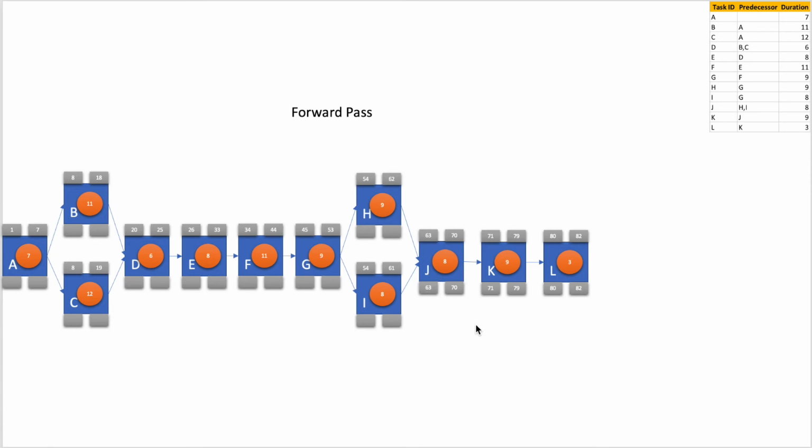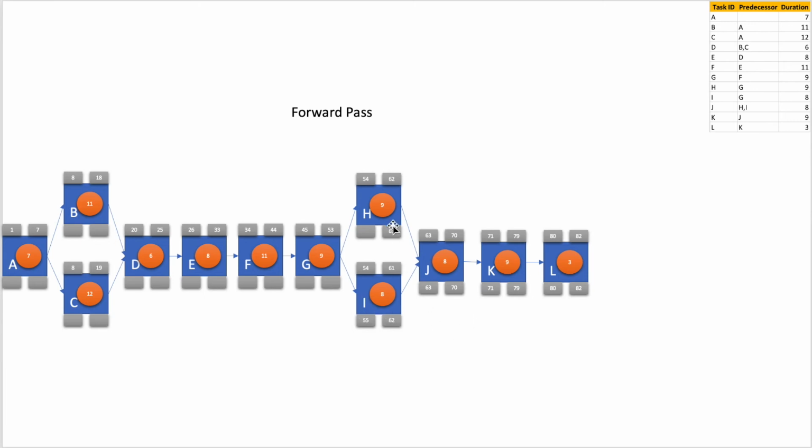Now we have to calculate the late finish of activity H and activity I. So both activity H and activity I have to finish one day before activity J. So their late finish will be 63 minus 1, 62. However, now let's calculate the late start of activity I. So activity I's late start will be 62 minus 8, that is 54 plus 1, 55.